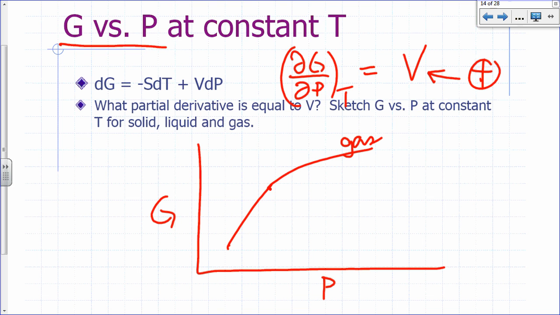What's the volume of a solid or a liquid compared to a gas? Very small, so it's going to be less steep for a solid or liquid, right? Much less steep than the slope for a gas, and it's almost constant. Okay?